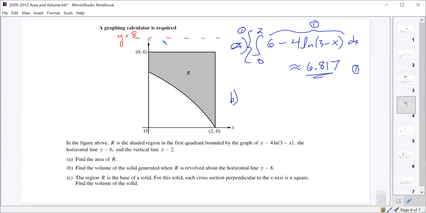And our outer radius should be from y equals 8 to our function here. And then our inner radius should be the distance between 8 and 6. Everybody agree with that?